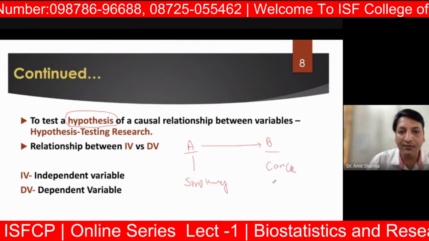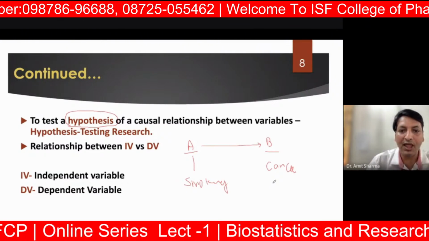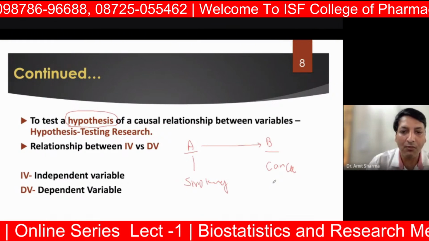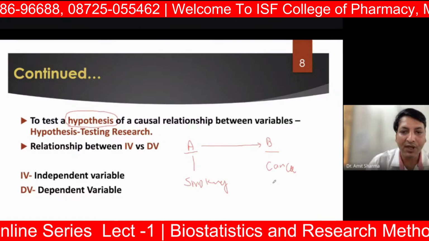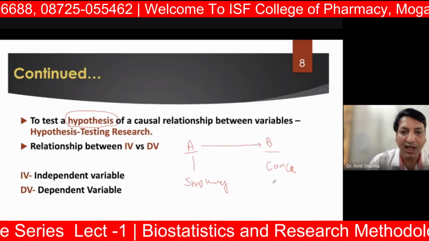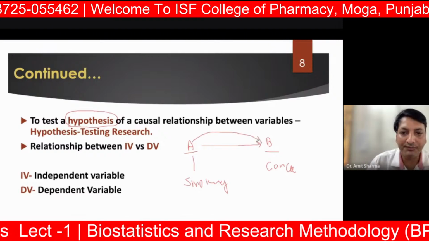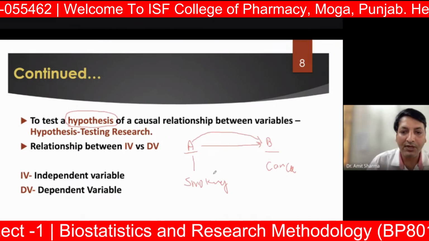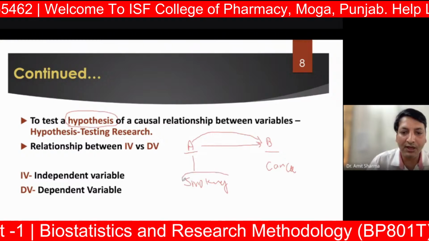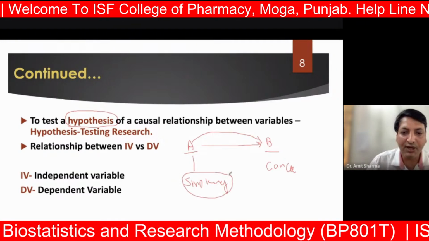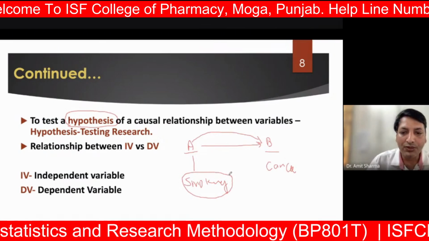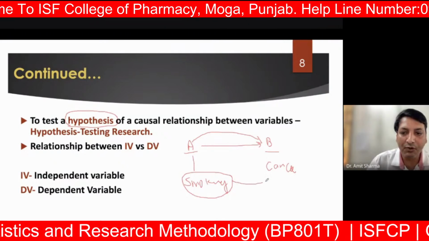So if this is the example, as a researcher, my hypothesis is to find whether A is causing B or not. It means that if any person or group of persons smoke, will they suffer from cancer or not?